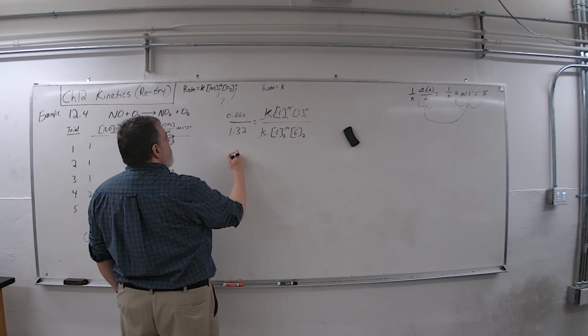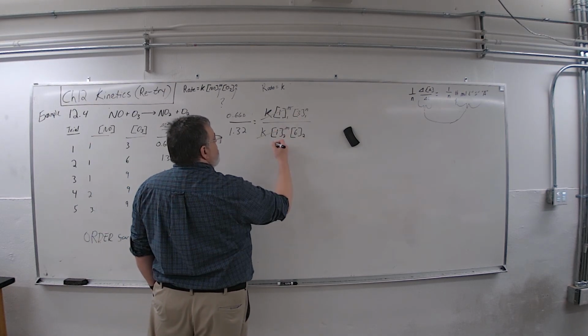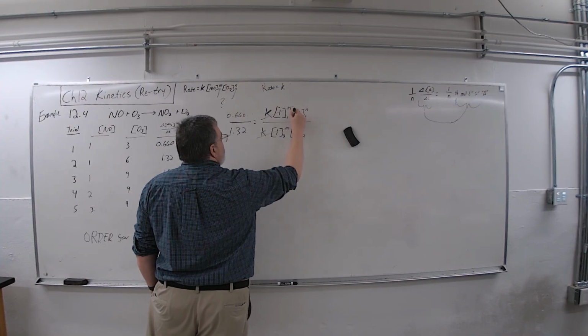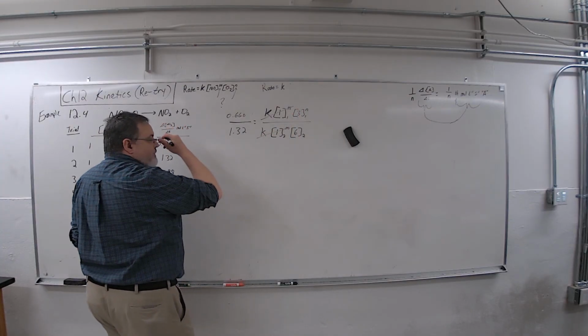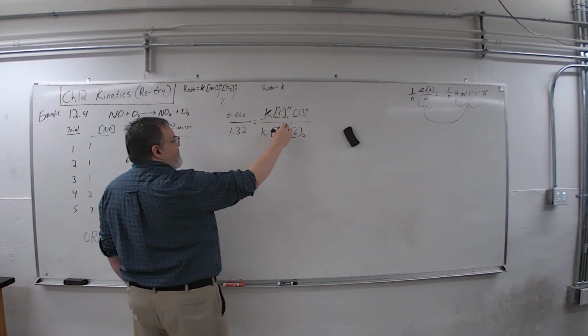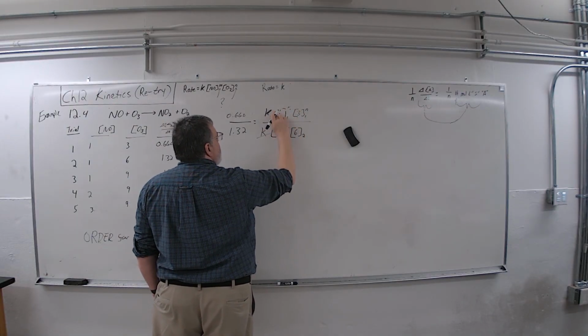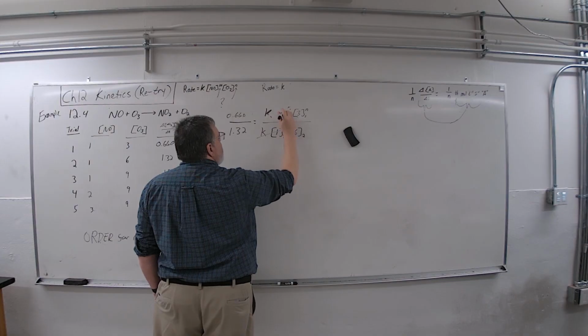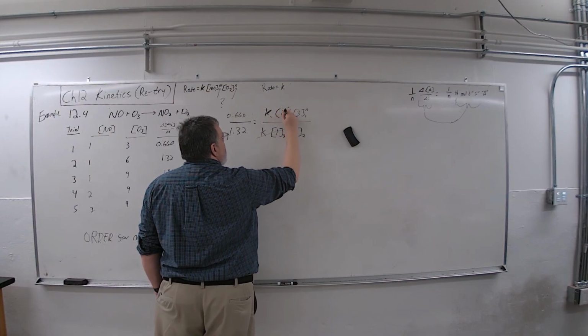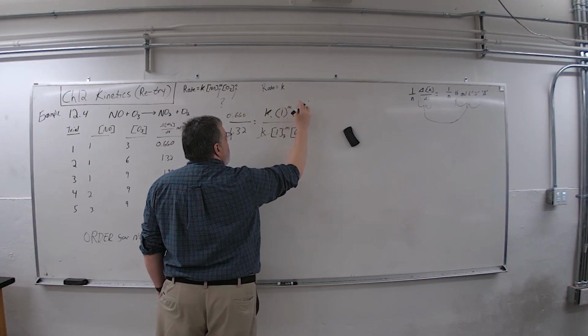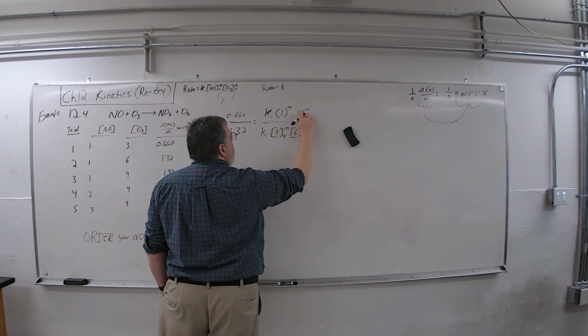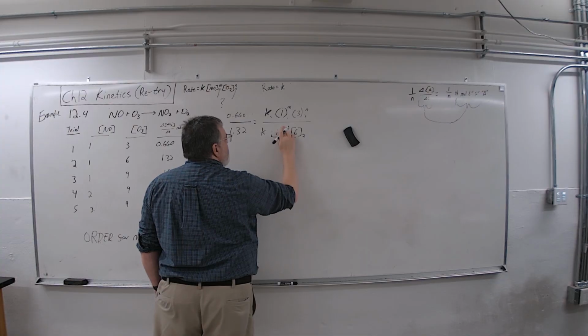Truthfully, I shouldn't have those in brackets, because that doesn't mean concentration of O3. That is the concentration of O3. So really what I should have written here is, I should have written them like this because they're not concentrations now.